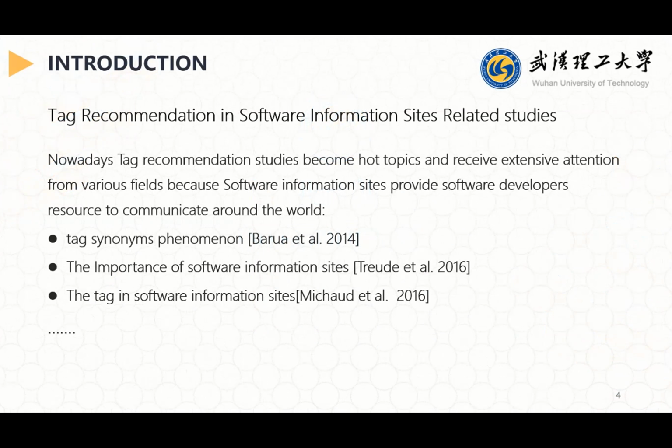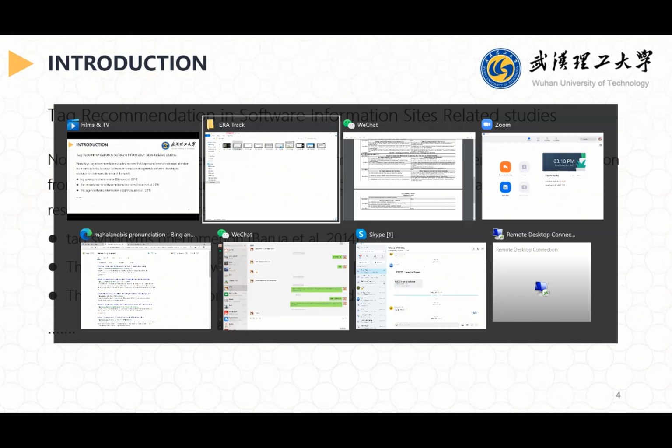Nowadays, tag recommendation studies become hot topics and receive extensive attention from various fields because software information sites provide software developers resources to communicate around the world, such as following papers.